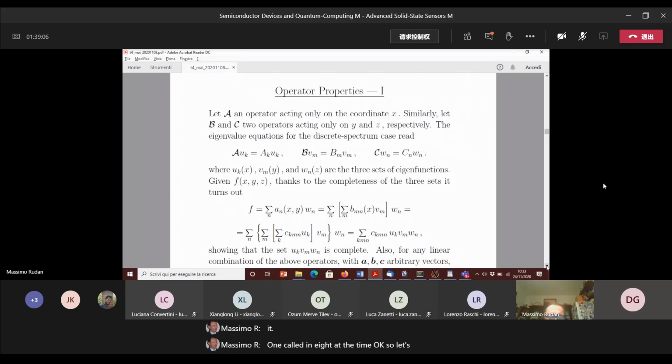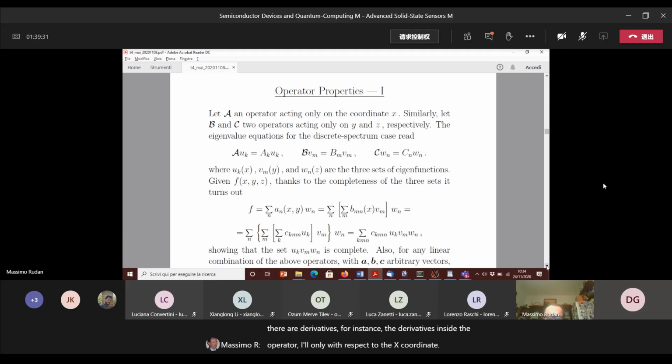So let's consider this rather general case. We consider an operator A that acts only on the coordinate x. What does it mean? That if there are derivatives, for instance, the derivatives inside the operator are only with respect to the x coordinate.